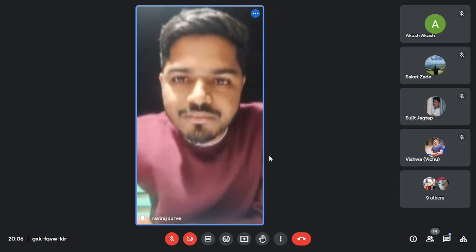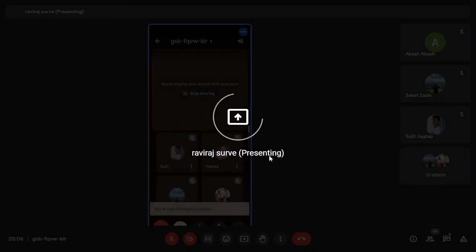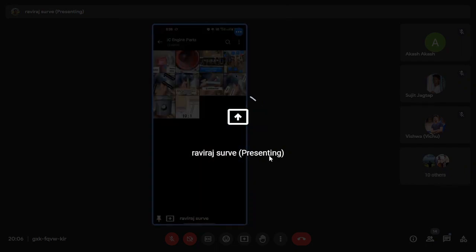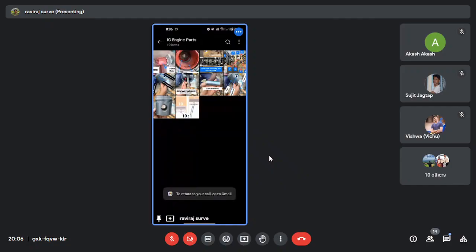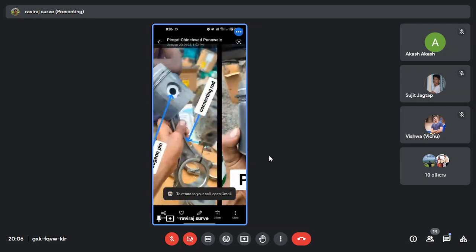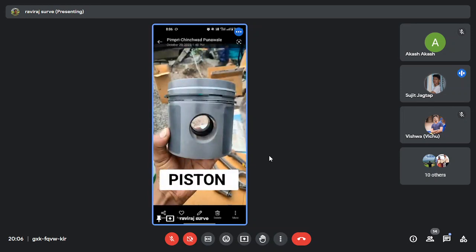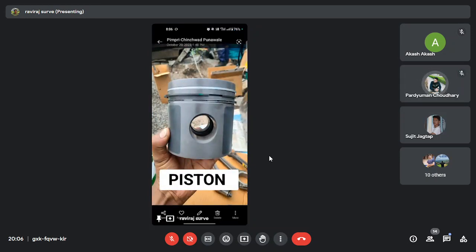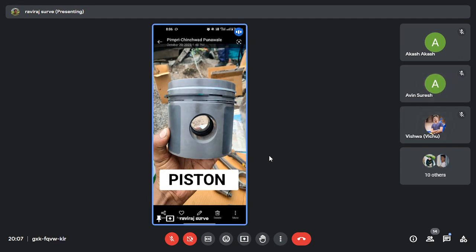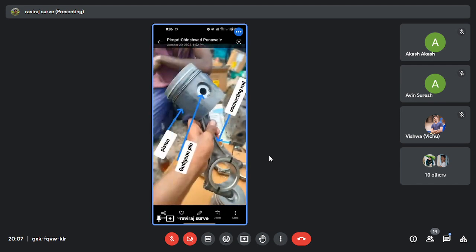Just a minute. Is it visible? Yes, it is visible. This is a piston, okay. After that, you can see this is a piston, the gudgeon pin, and the connecting rod.